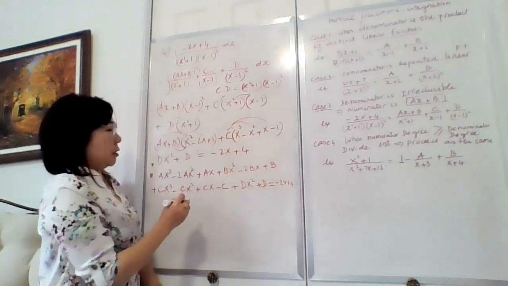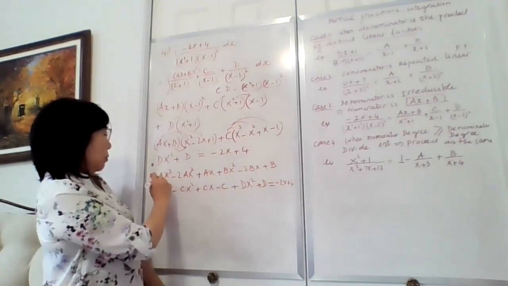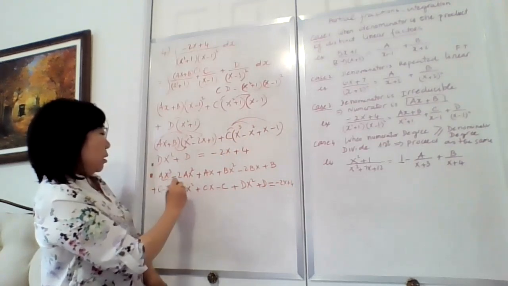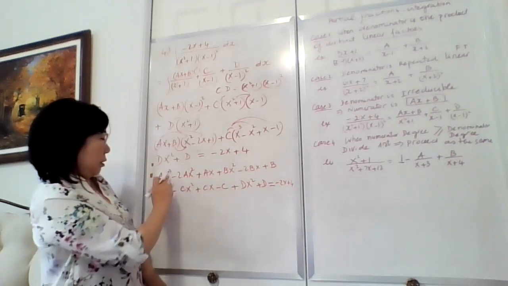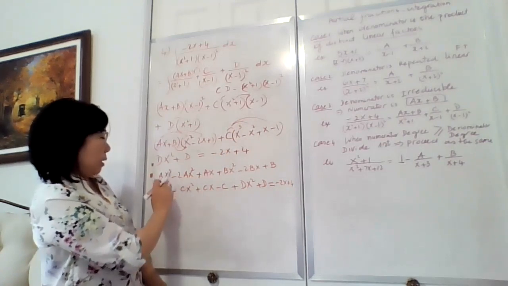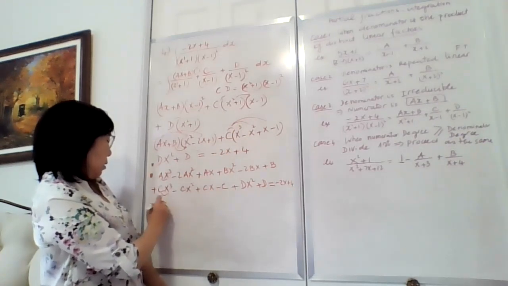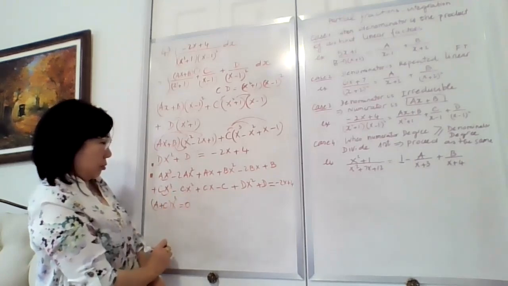So now let's see which one I can factor out. I'm going to pick up the like terms, right? So I'm going to put x3 and cx3 together because they are both the same like term, x to the power 3, right? So I'm going to say a plus c, all of this times x to the power 3 will be equal to 0.